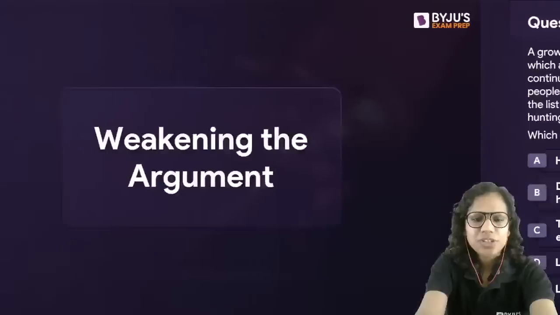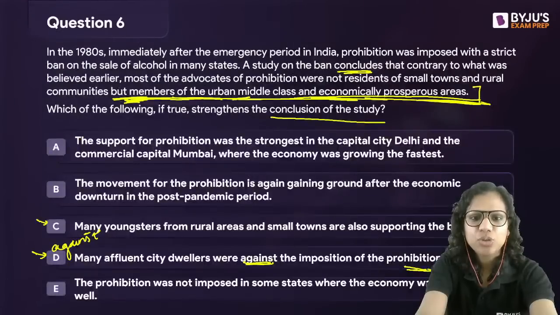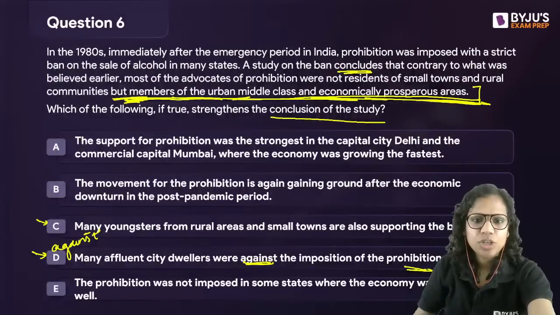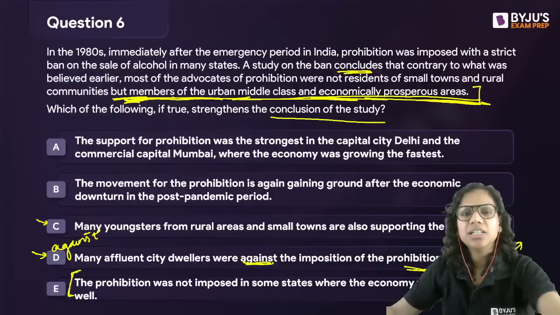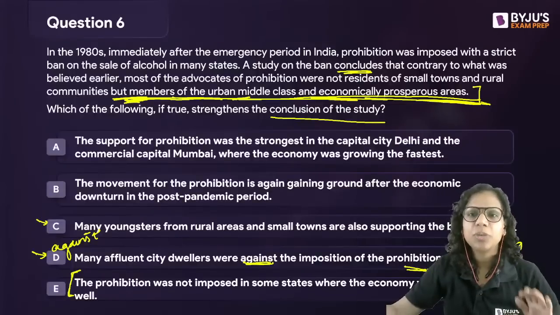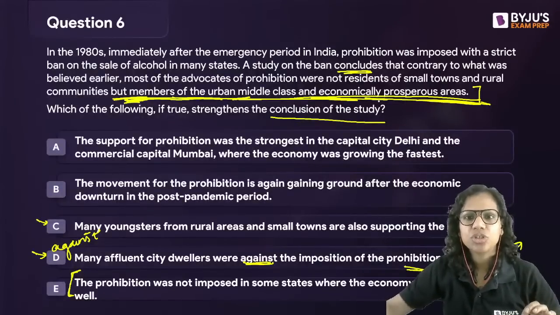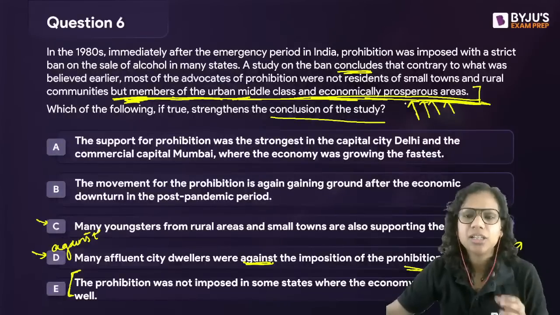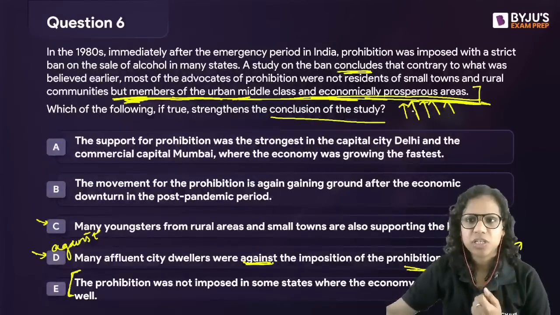Okay, in the previous question, some of you told me that you found E to be a little confusing. The prohibition was not imposed in some states where the economy was not doing well. Okay, so does it tell me? So basically, I'm saying that urban areas supported prohibition, right? And you have to strengthen this idea that urban areas, economically prosperous areas, supported prohibition.